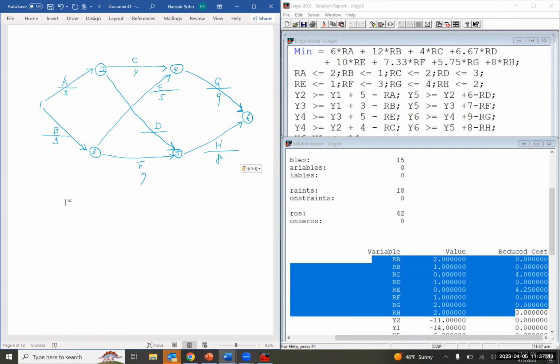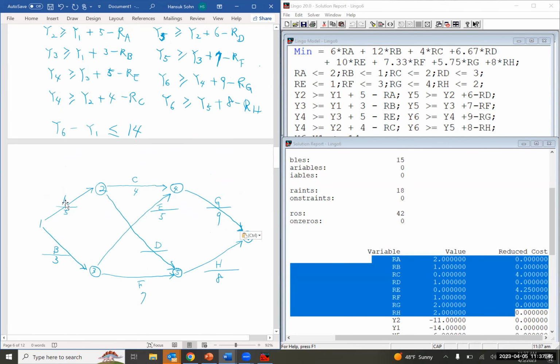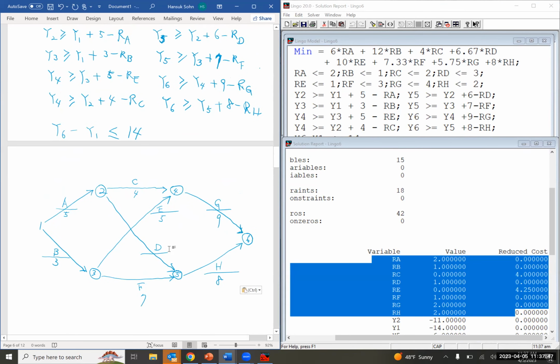So our optimal solution suggests that the duration for activity A has to be reduced by 2. So it's going to be 3, right? And for activity B, the duration has to be reduced by 1.